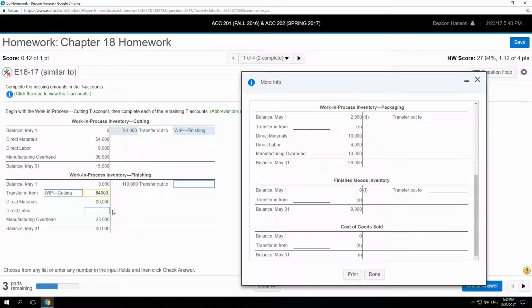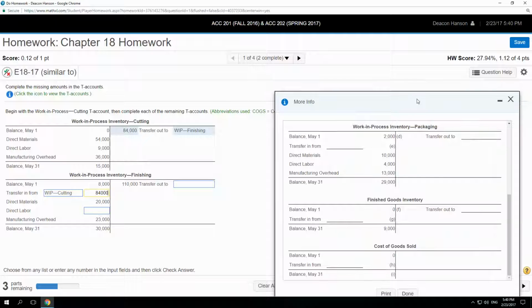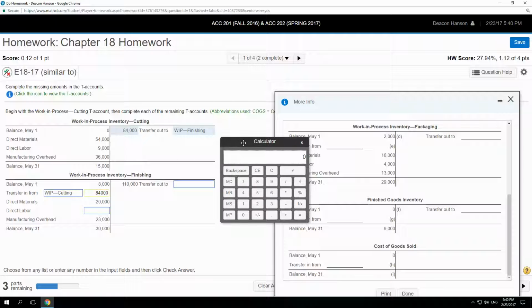We're just missing one number, right? So we can solve for that one number. So if you think about it, 8,000 plus 84,000 plus 20,000 plus 23,000 plus what? So that's your x minus 110 equals 30,000.